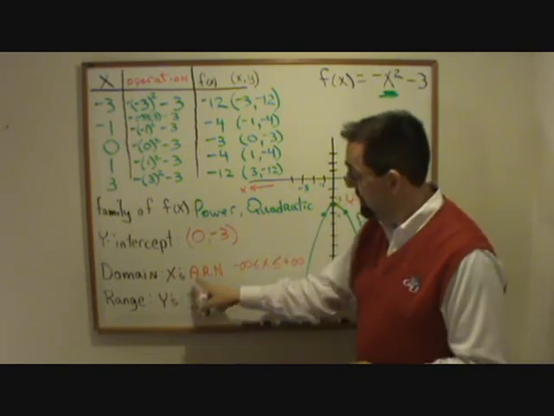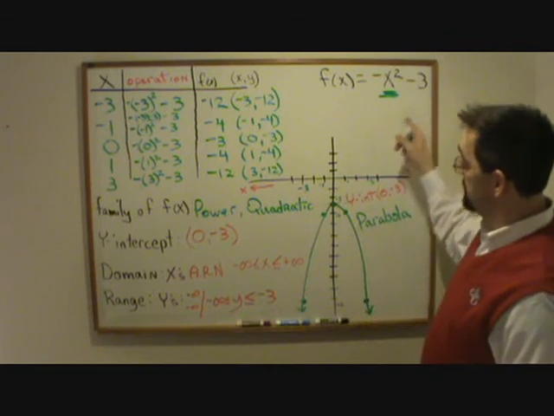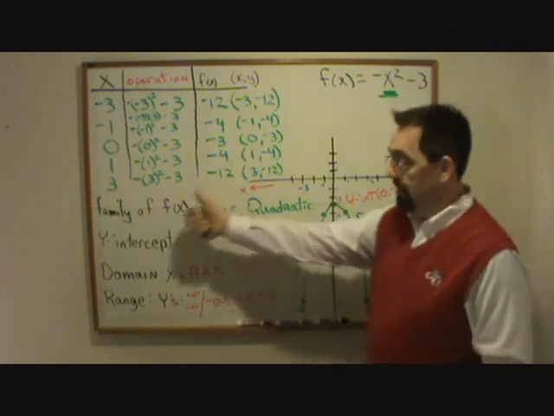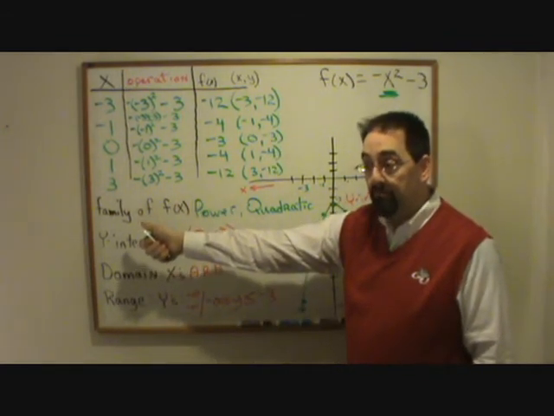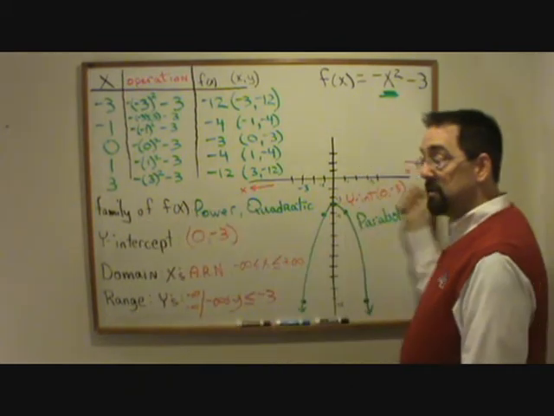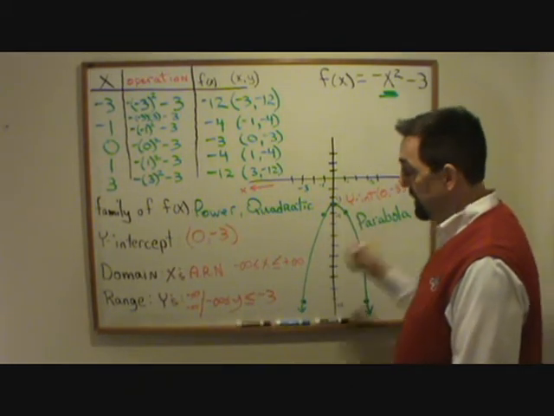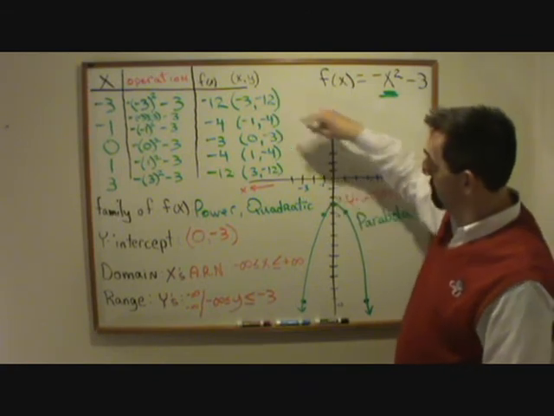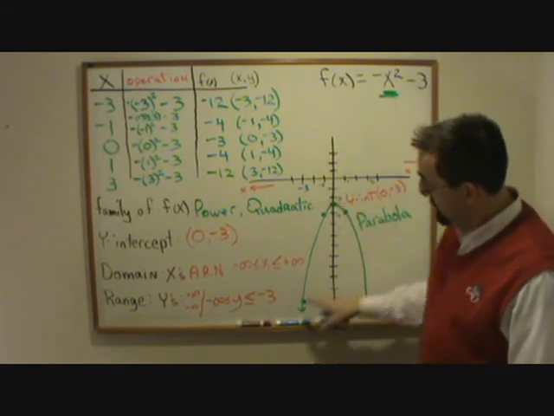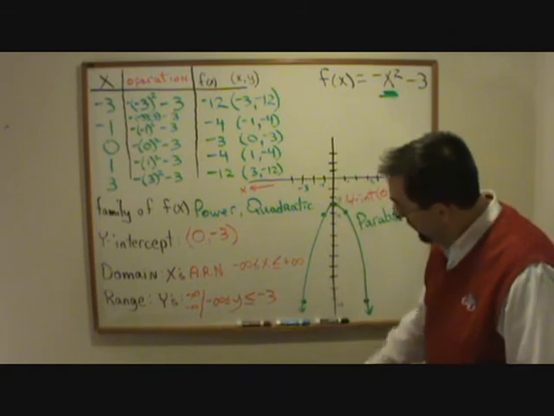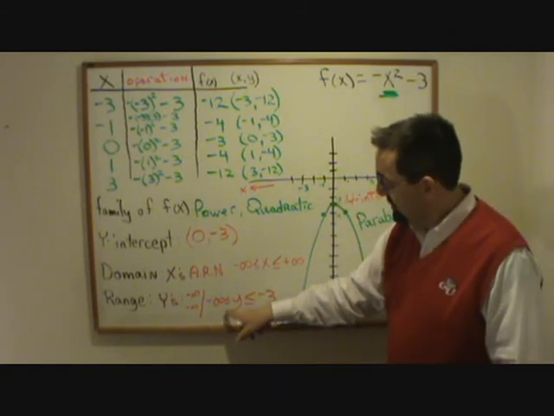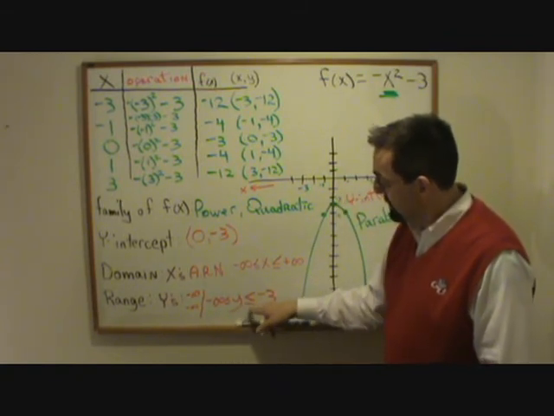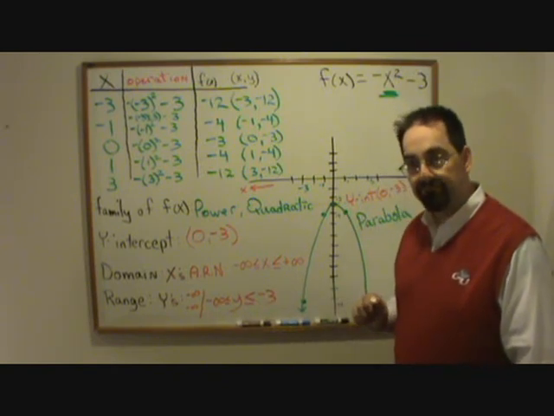And in this case, the domain was all real numbers. Really small minus x's to the really big positive x's. In our range, nothing exists up here for our output, but it starts at minus 3 and below. So from minus infinity, less than or equal to y, less than or equal to minus 3.